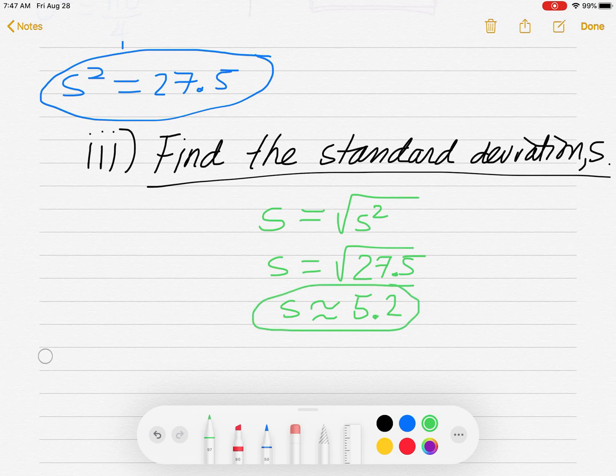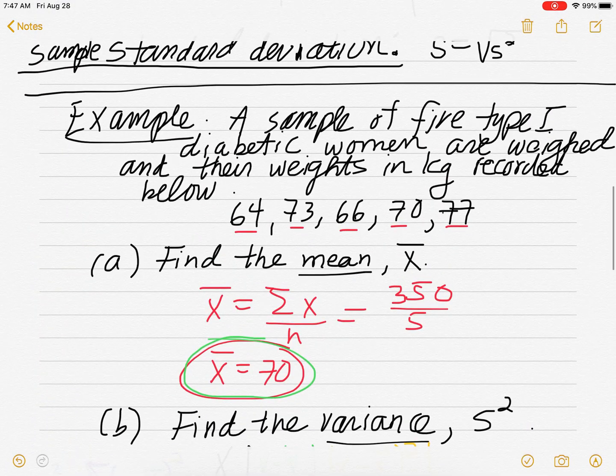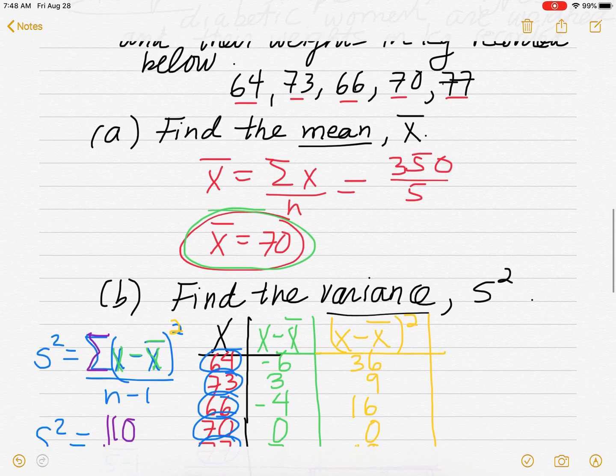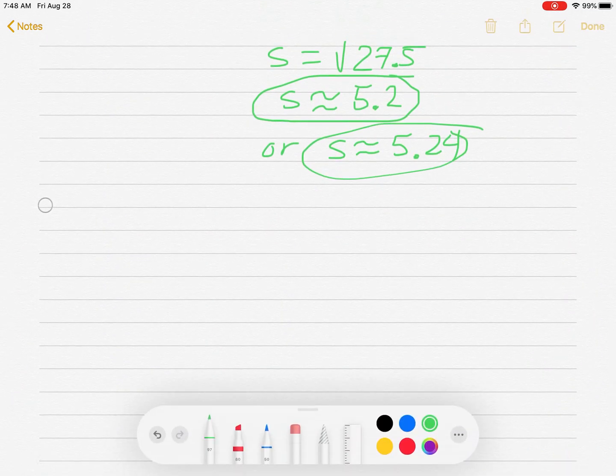Now, if you want to get a little more accurate, you can go to another decimal place. Generally, the strategy is to go one more decimal place than the data set itself. Remember the original data set: 64, 70, 73, 66, 70, 77. They went to the ones place, so generally you go to the tenths place.